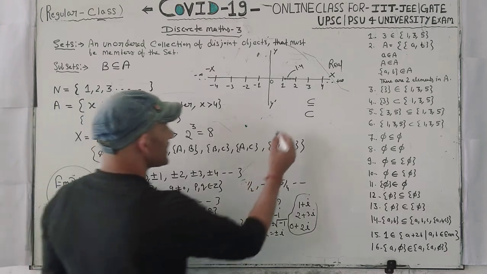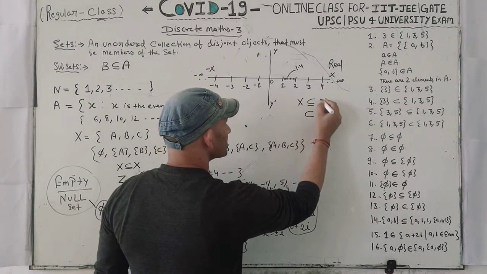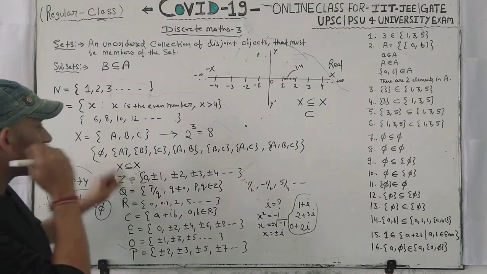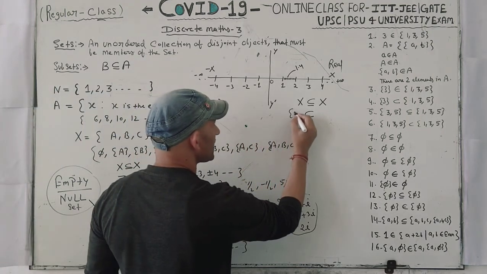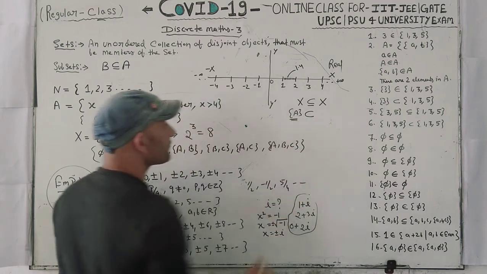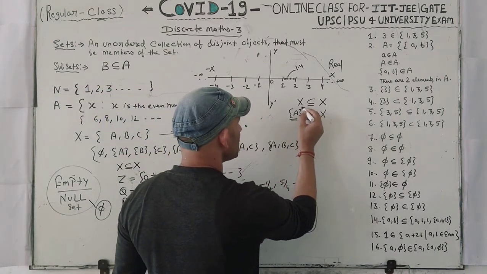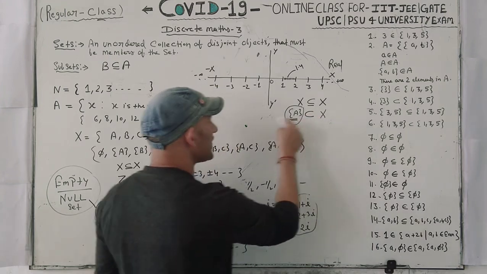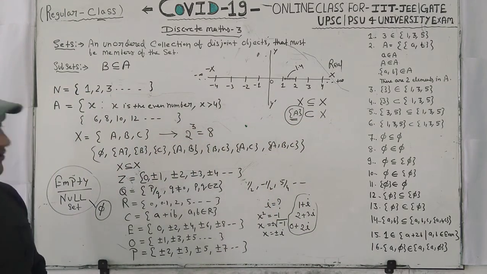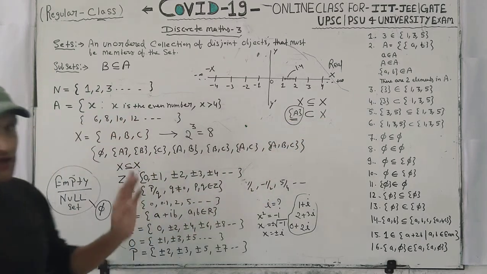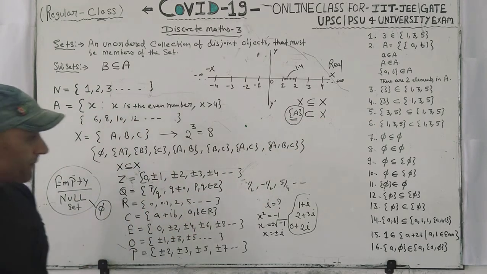Then you can say that x is a subset of x. If you take only one element, suppose I am taking one element, this is a proper subset of x, because this set has not taken all the elements of x. So this is proper. Proper means all the elements will not be in this subset.